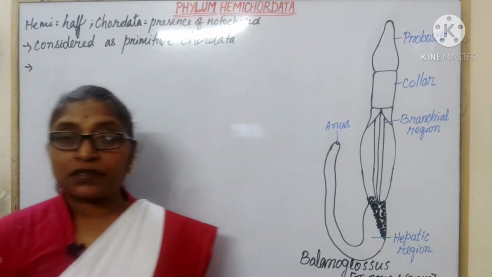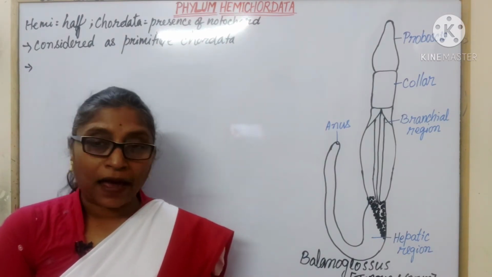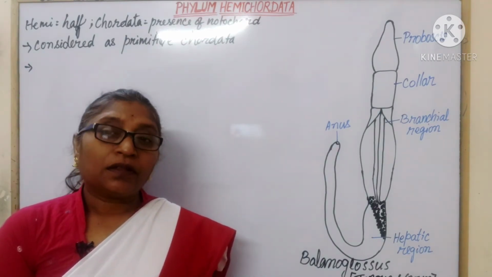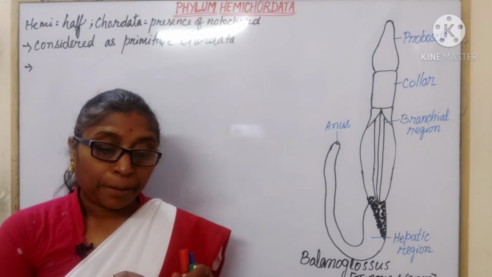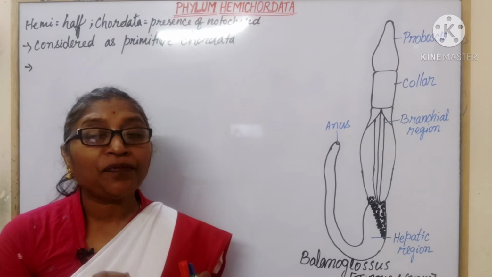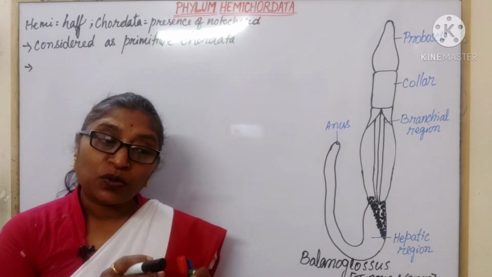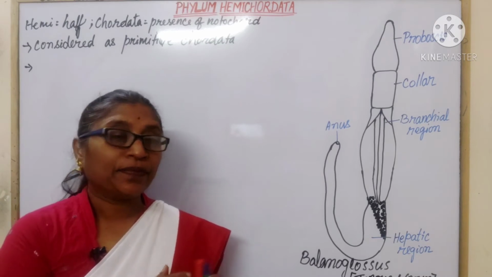These animals do not have the notochord. There is a notochord-like structure which is extending from the buccal cavity, from the mouth cavity to its anterior region.